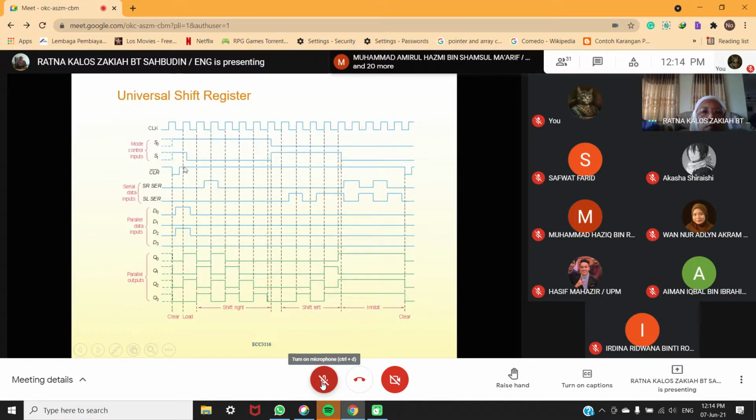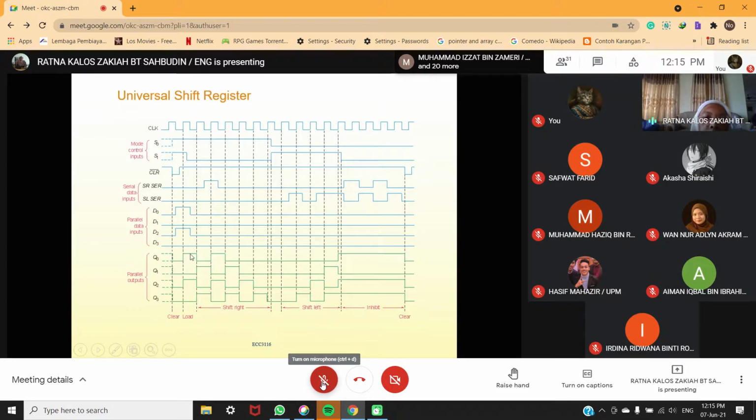Okay, so now look at here. This is the clock here. This is high, so of course it will clear first and then it will load. So you have data high, low. When this is high, low, at this point it will load.